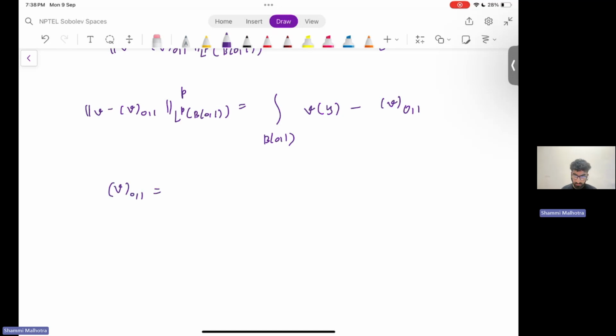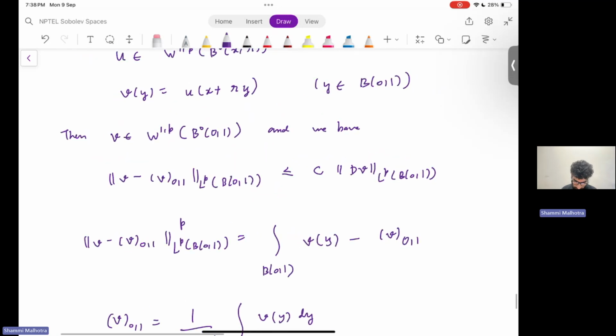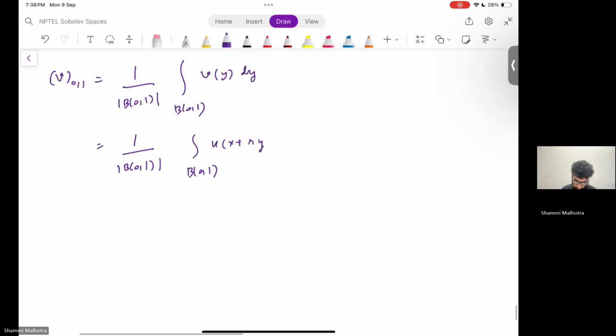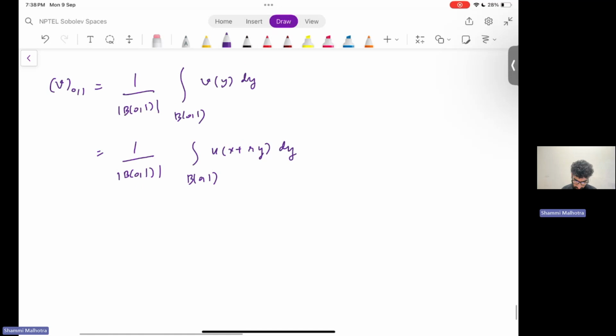Let us evaluate v_{0,1} first. This is the average: one over the measure of the unit ball, times the integration of v(y) dy over B(0,1). And what is v(y)? v(y) is nothing but u(x plus ry) dy.